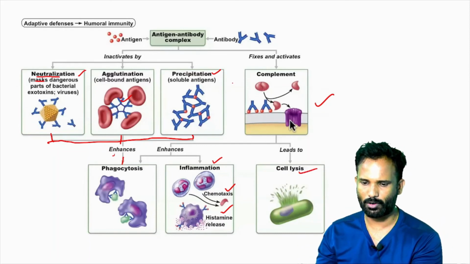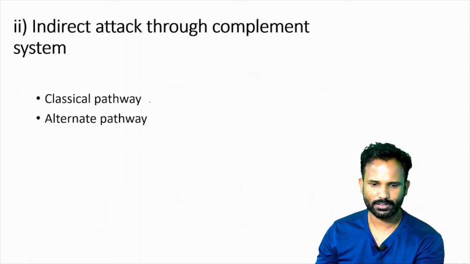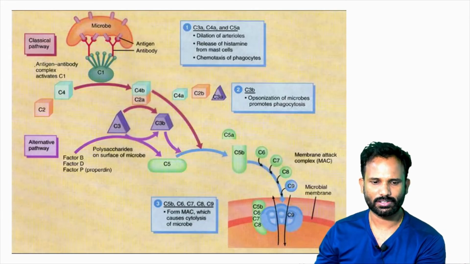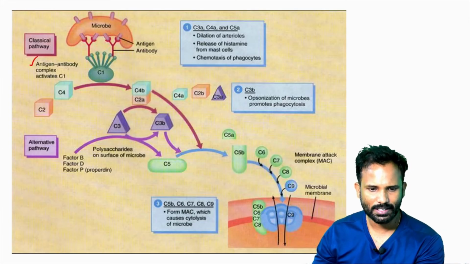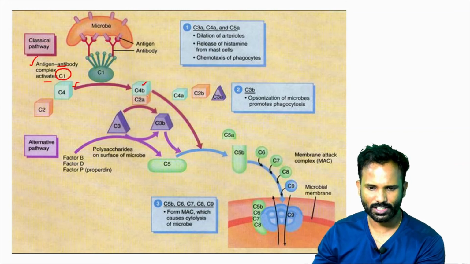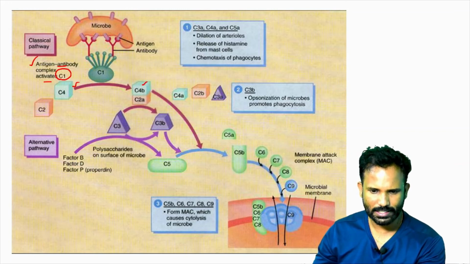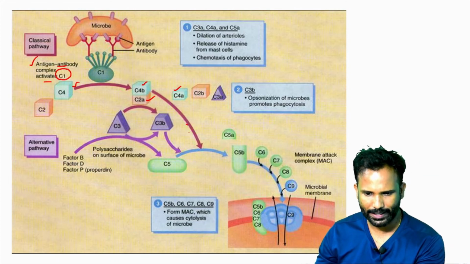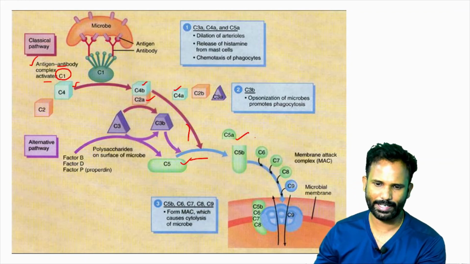We'll see that complement activation. It occurs in two ways: the classical pathway and the alternate pathway. In the classical pathway, whenever there is an antigen antibody complex, that activates C1, and C1 will activate C4, which is converted to C4b, and C4a is separated. Next it activates C2 to form C2a, and this C4b2a will attach to the other component and activate C5 to C5a.